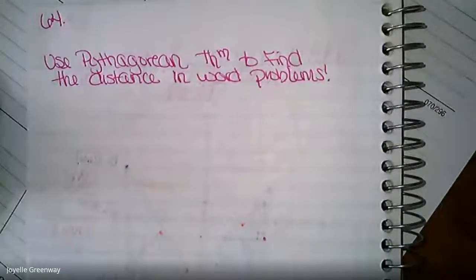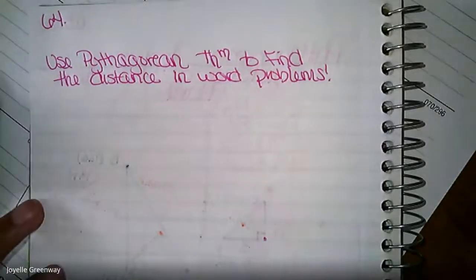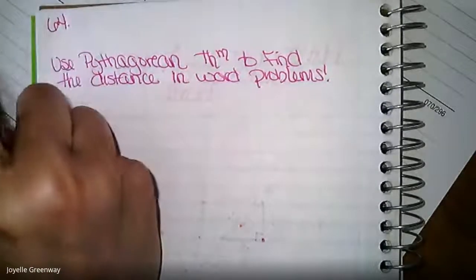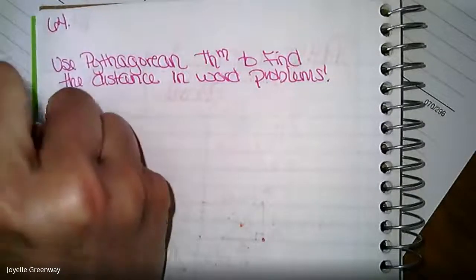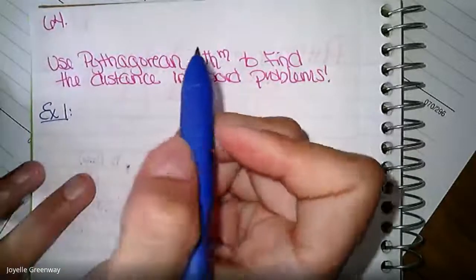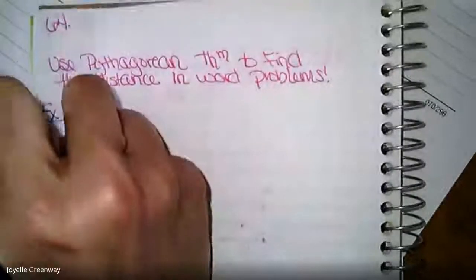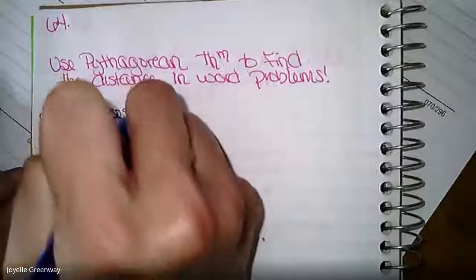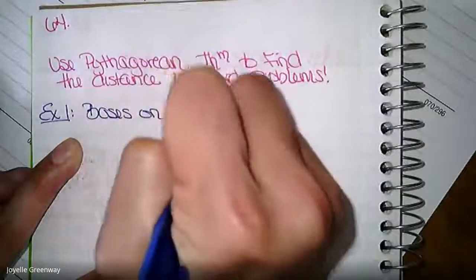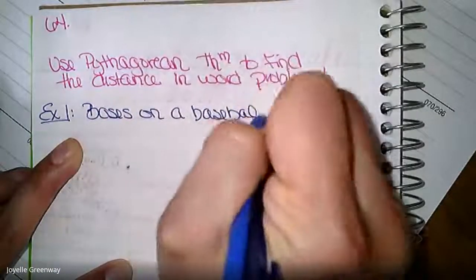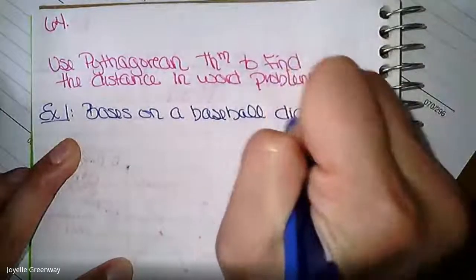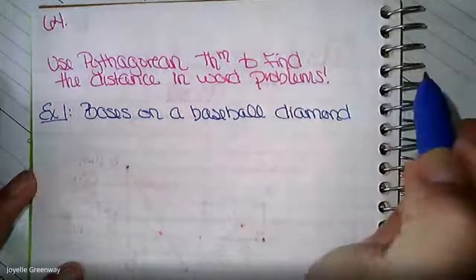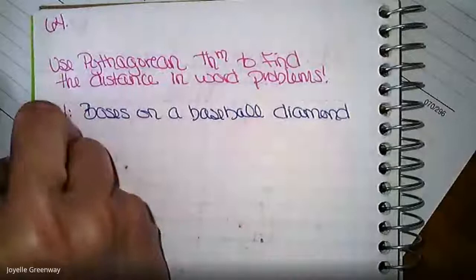So let's look at example 1. The bases on a baseball diamond are 90 feet apart.